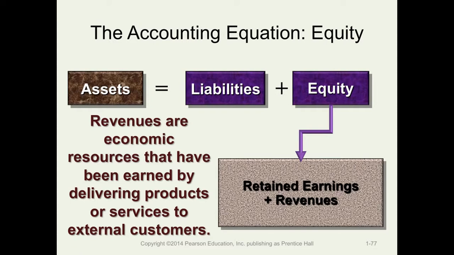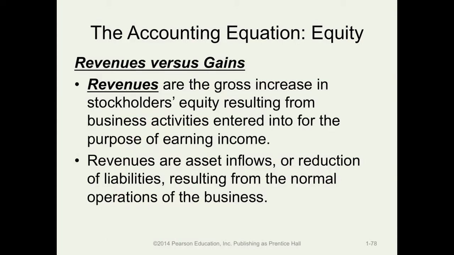Now, when we think about the net income and the external transactions, the first one will be revenues. And what are revenues? Revenues are increases in economic resources that are earned by performing some economic activity, that is, delivering products or providing services to customers. Now, the first thing we need to do is distinguish some terminology.